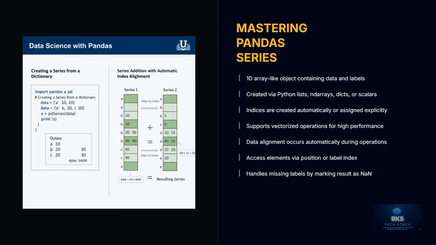One of the most powerful features of a series is vectorization, allowing you to perform mathematical operations on the entire array without writing loops. Crucially, when performing operations between two series, Pandas automatically aligns the data based on the index labels. If a label is present in one series but not the other, the result will be marked as NaN, ensuring data integrity is maintained.